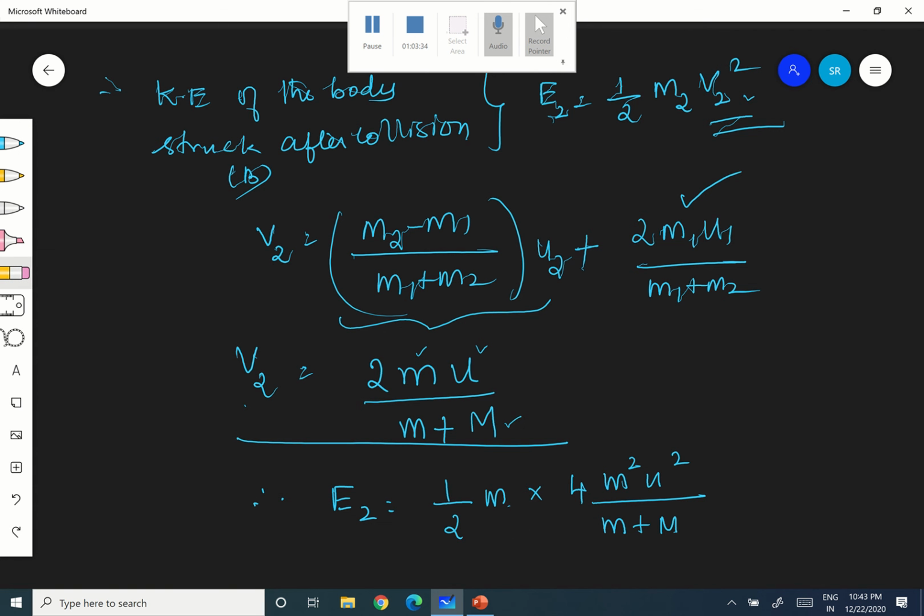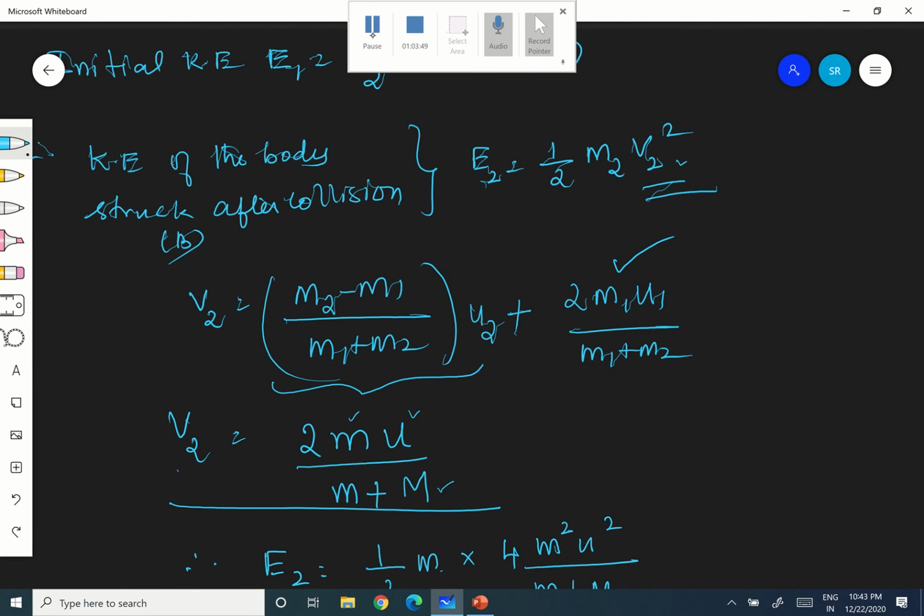Is it clear? Are you following here? One more thing here. See, here it is half M2. What is M2 here?